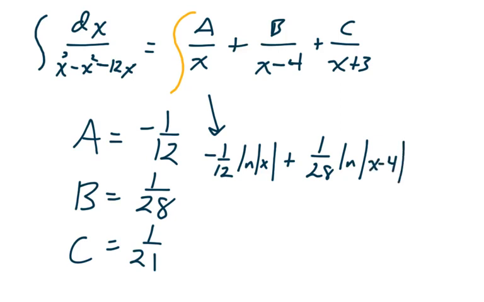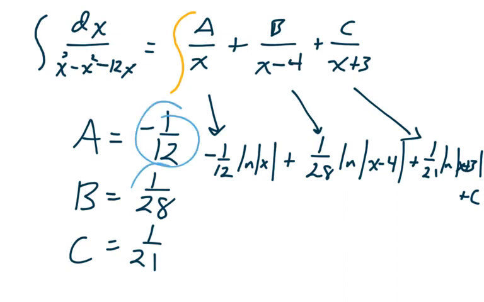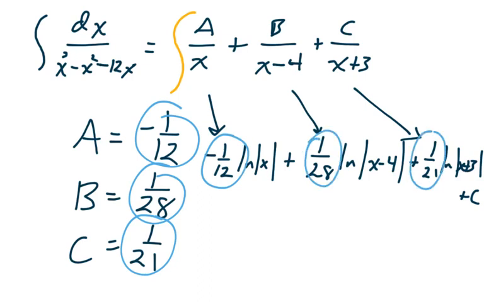And we're going to end up one last time here with the ln, but 1/21 is going to be the coefficient of that. Don't forget to plus c, but really we're just doing the antiderivative of each of these 3 fractions, and keep in mind that these 3 values for A, B, and C just became the 3 coefficients of each of these ln's.